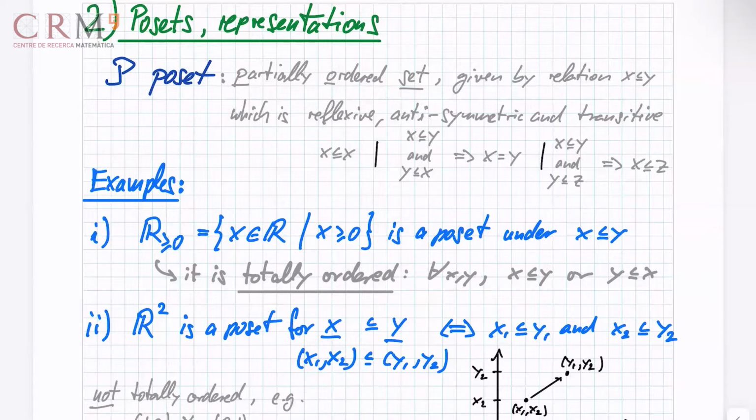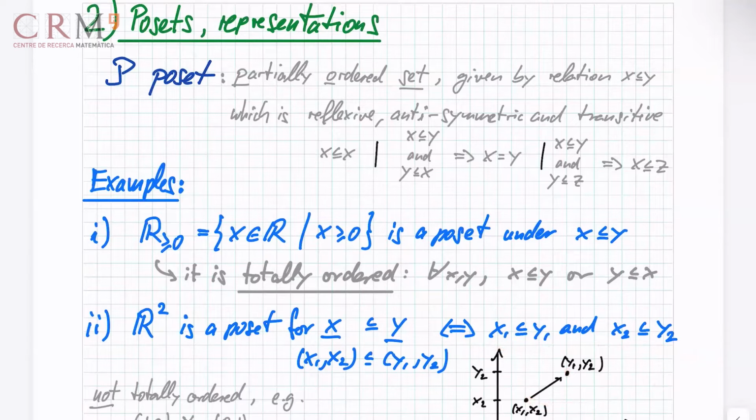So for instance, let's look at a square. This will appear in two-parameter persistence theory. Let's look at R squared, and how can we order two points in R squared? We say x with coordinates x1, x2 is smaller than y with coordinates y1, y2 when both coordinates are ordered: x1 smaller than y1 and x2 smaller than y2. So in pictures, here we have R squared, and that point x will be smaller than that point y if it's up and to the right of x.